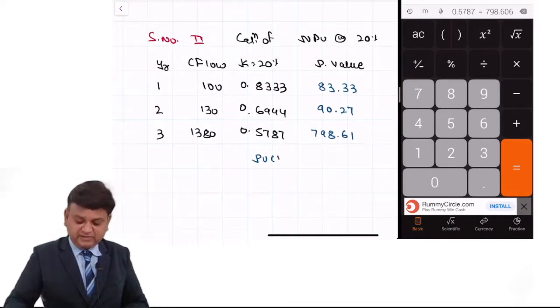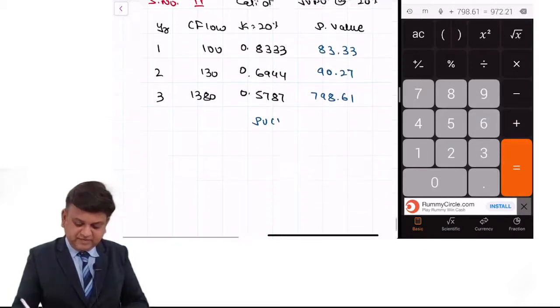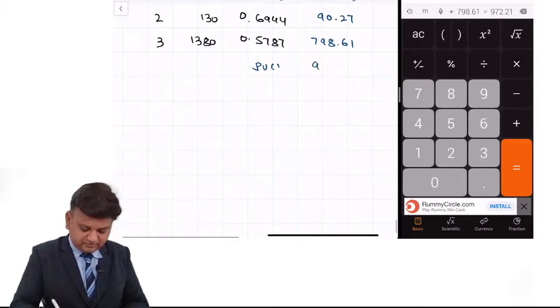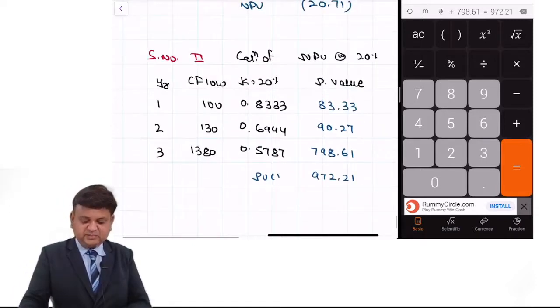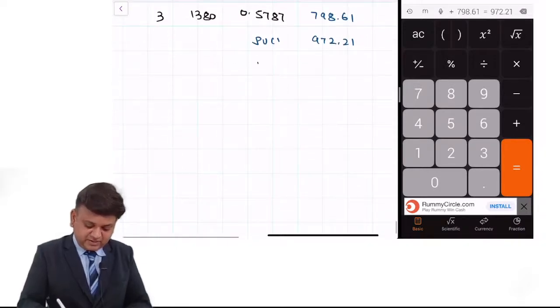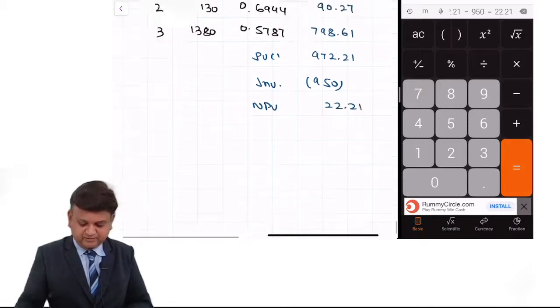That will give present value of the cash inflow, 972.21. This is what we understand is the present value of the cash inflow. From that, investment would be deducted. So NPV is 22 rupees and 21 paise.